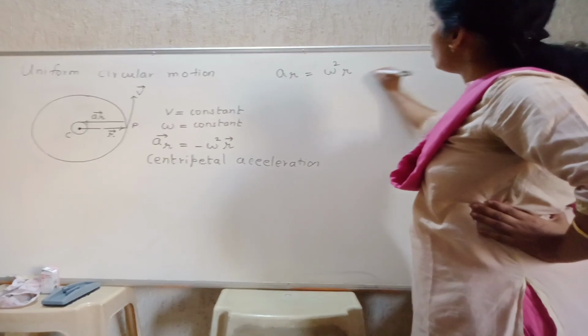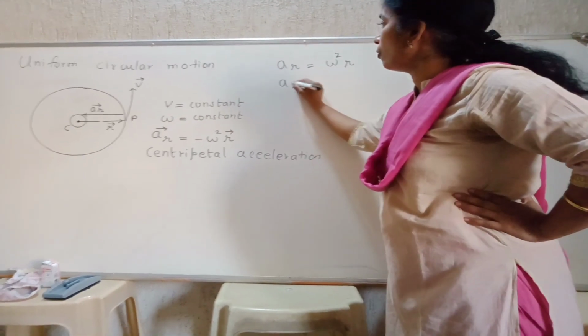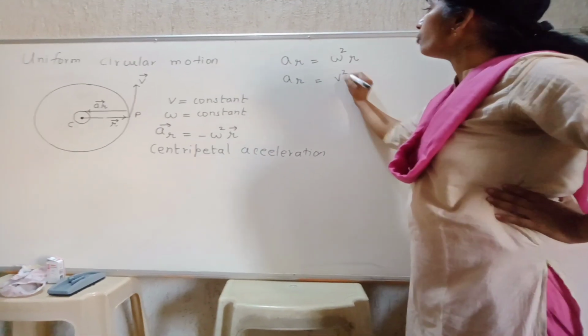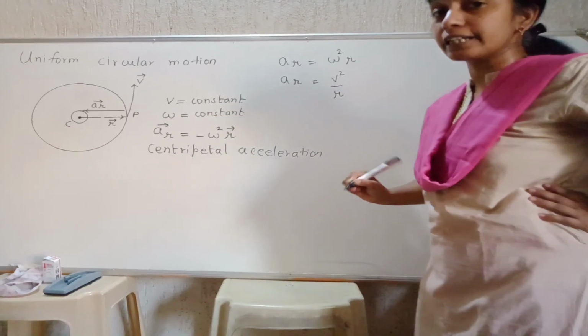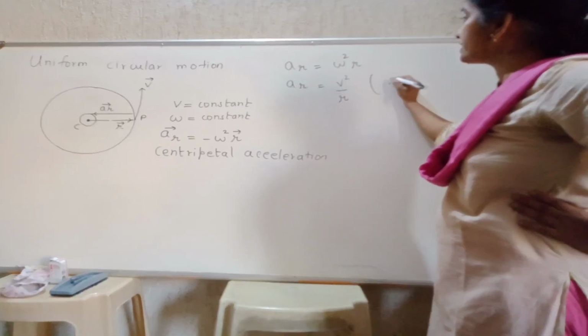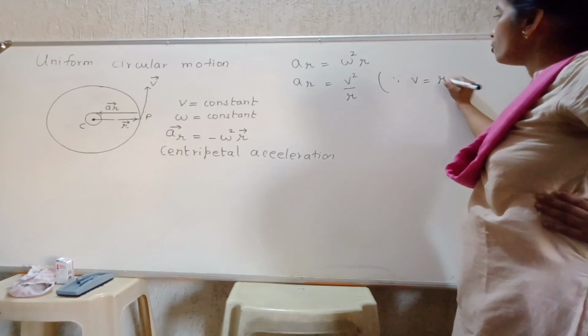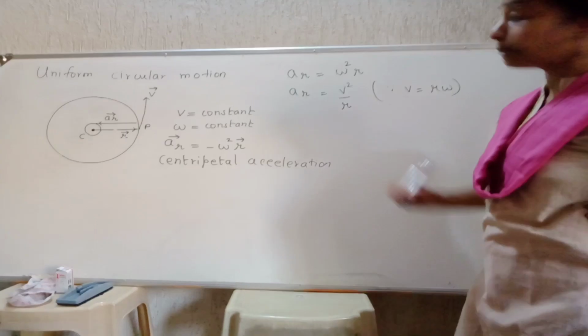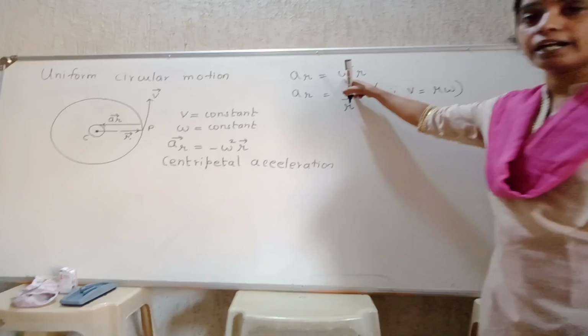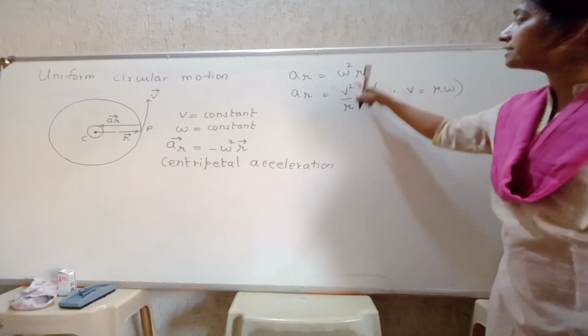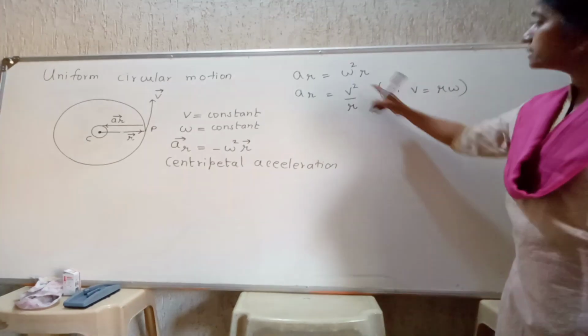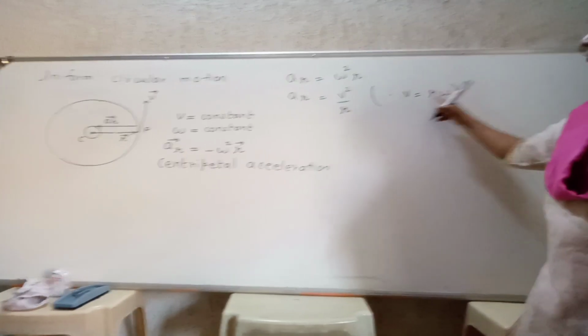Yesterday I told you this is also equal to v square by r. Now how does it come? Because yesterday we discussed v is equal to r omega. Substitute, students. v is equal to r omega, so omega is v upon r.